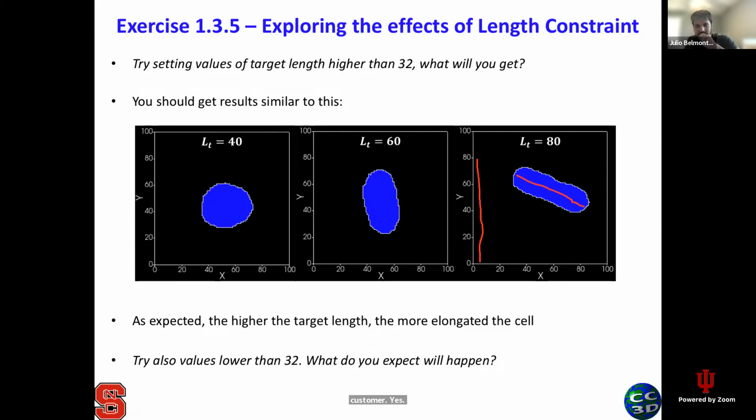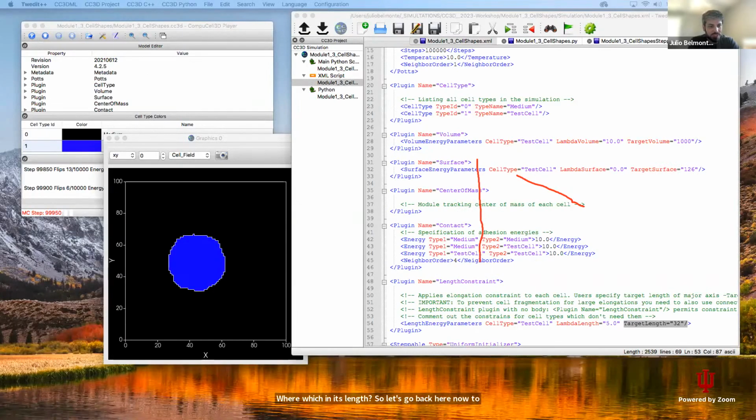So if you increase the target volume, then the cell can grow a little bit more, and that will also help it reach its length. So let's go back to the code now.